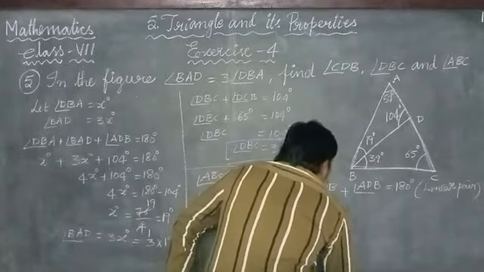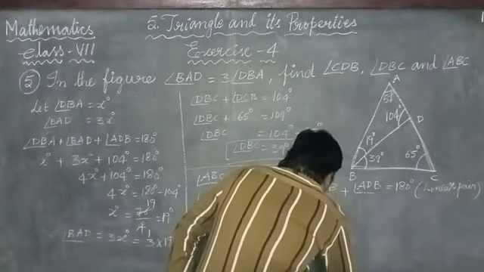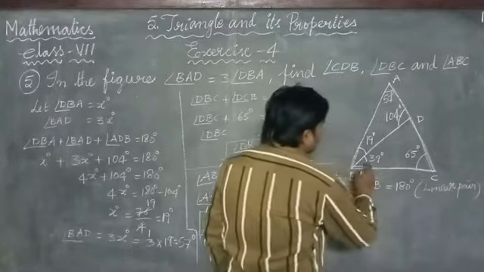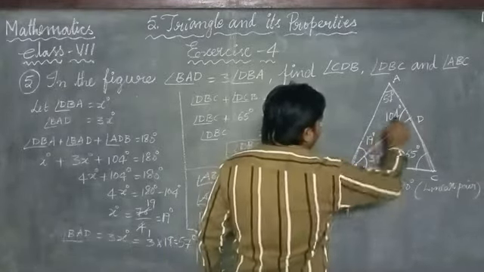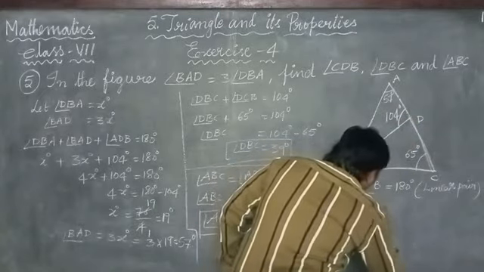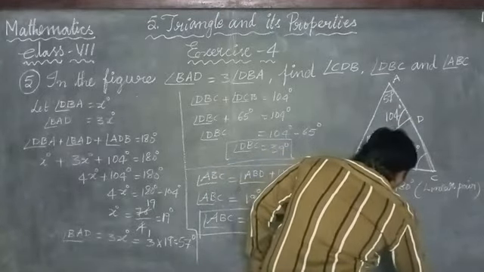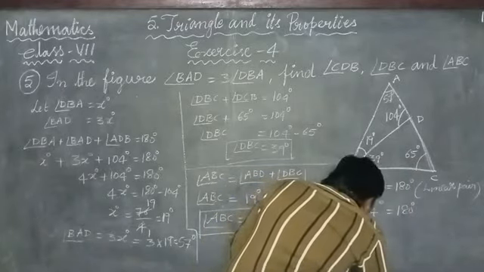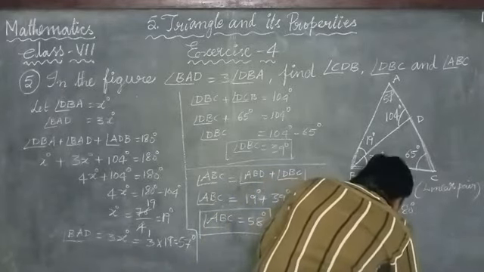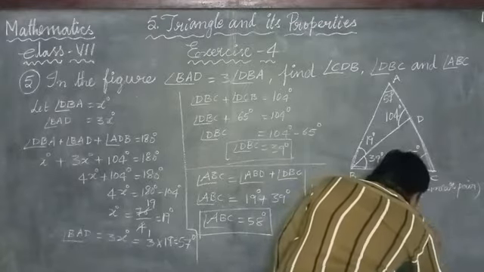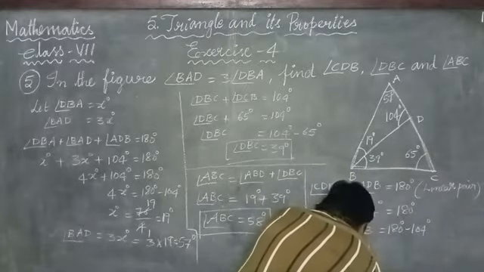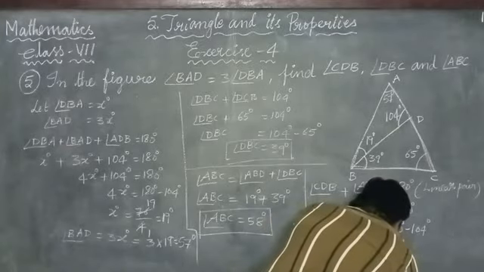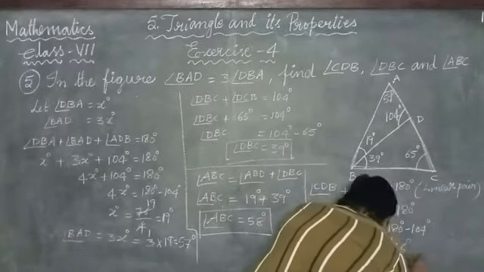Angle CDB we don't know, and angle ADB is 104 degrees. Then angle CDB equals 180 minus 104 degrees. Then angle CDB equals 76 degrees.